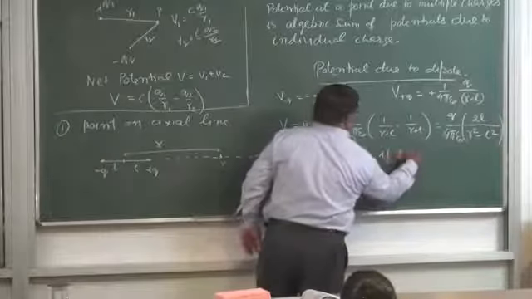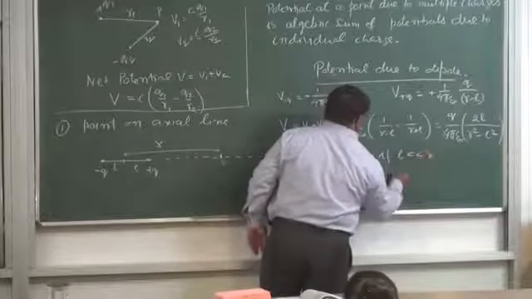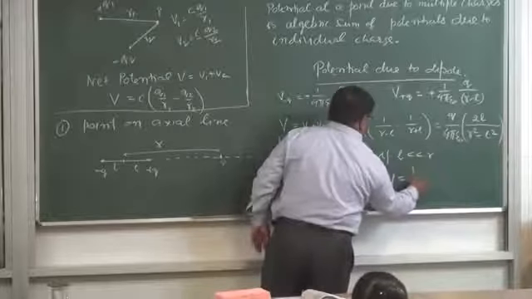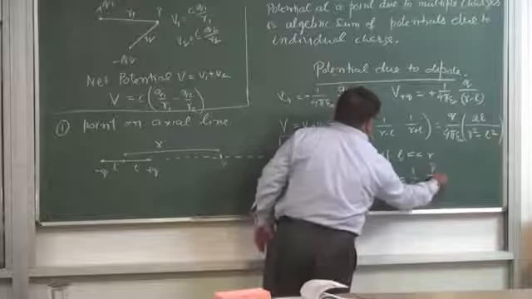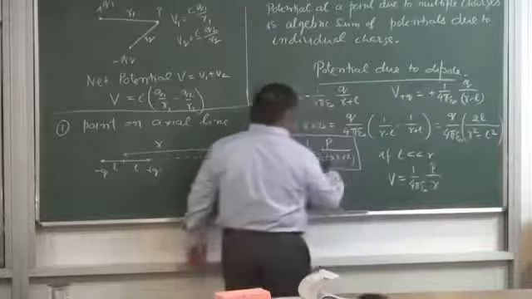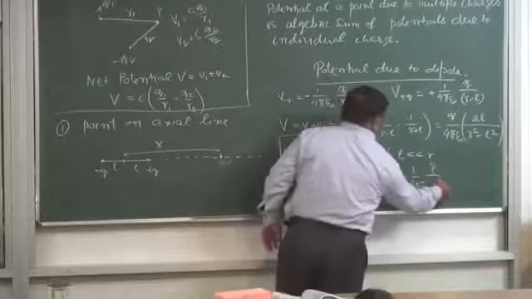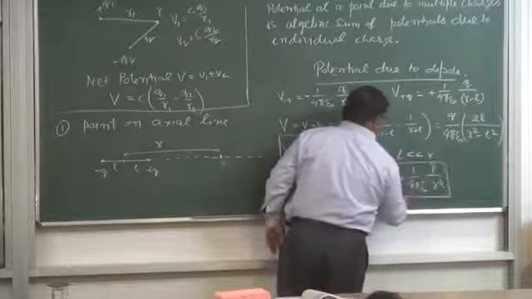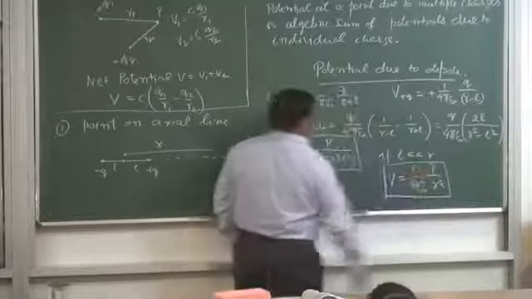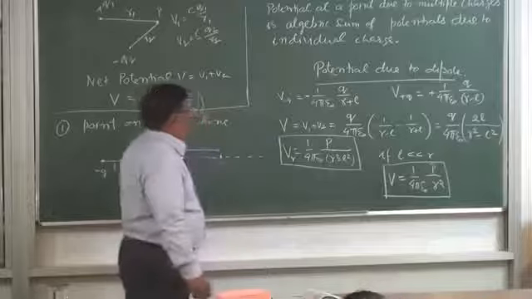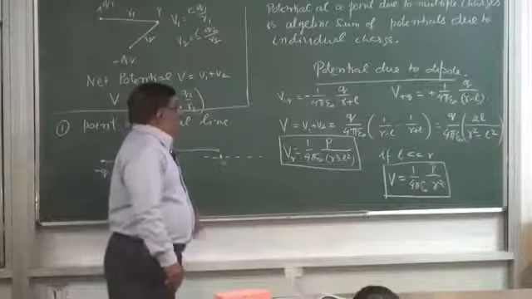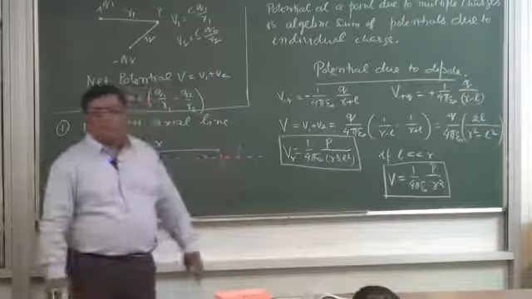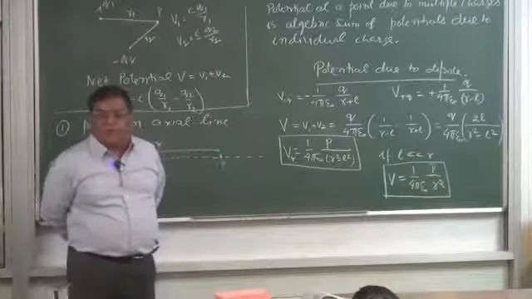If L is much smaller than r, then V is equal to 1 upon 4 pi epsilon naught P upon r square. Correct? So this is potential due to dipole on the axial line.